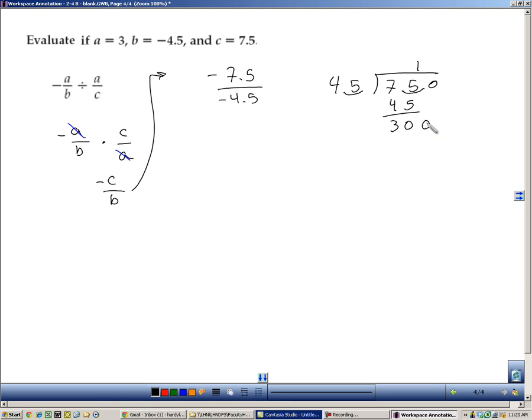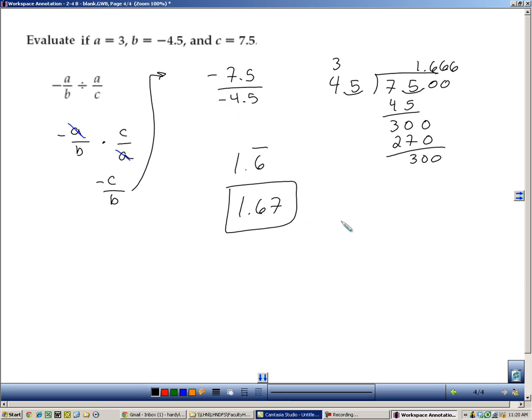We'll have to bring down a 0 now. 45 goes into 300 6 times. 6 times 5 is 30. 6 times 4 is 24 plus 3 is 27. Another remainder of 30, so we're going to keep bringing a 0 down. So we're going to keep getting this repeating of a 6. So the answer is 1.6 repeating, or if you round it, 1.67. Because there's two negatives in the division, my answer will be a positive.